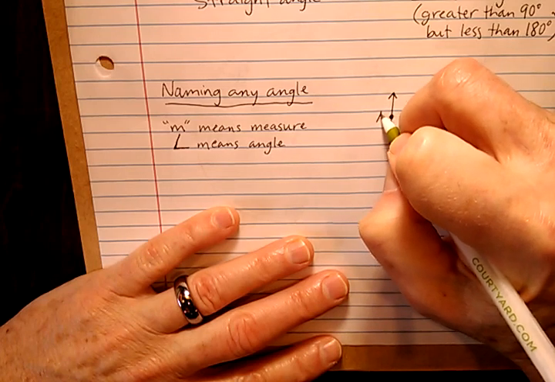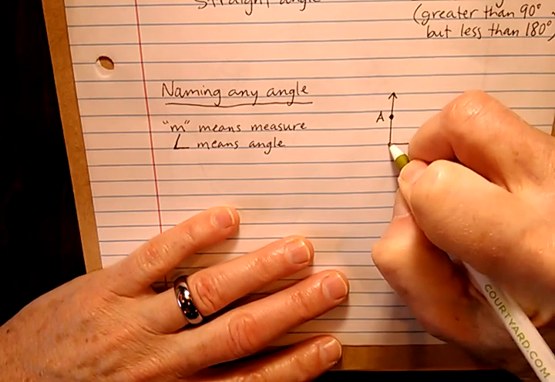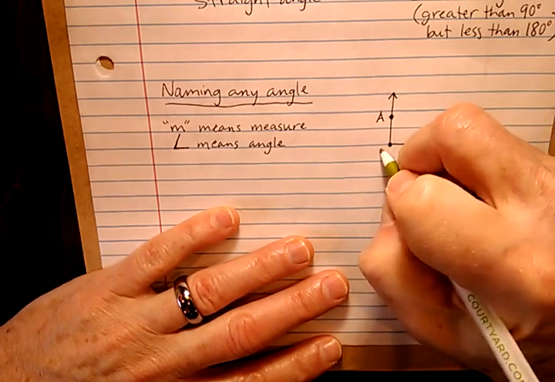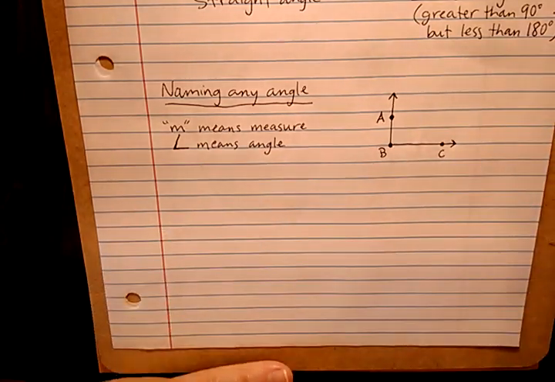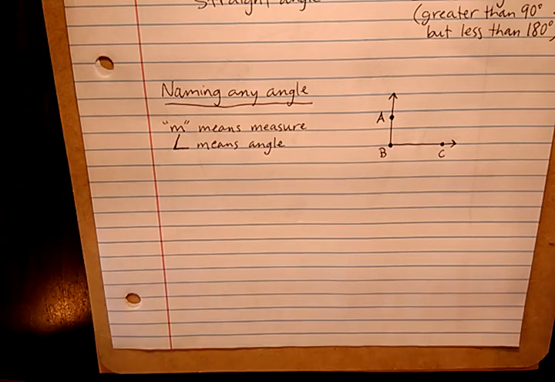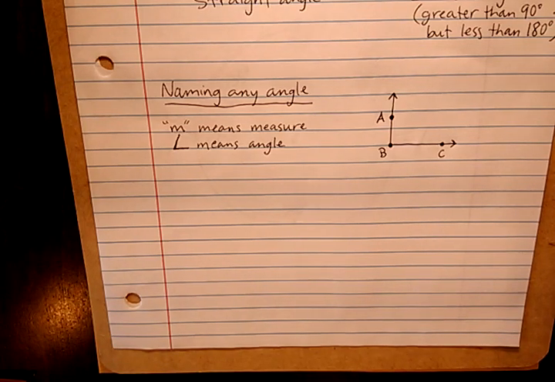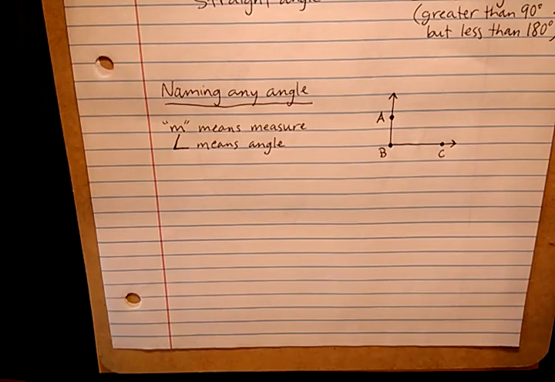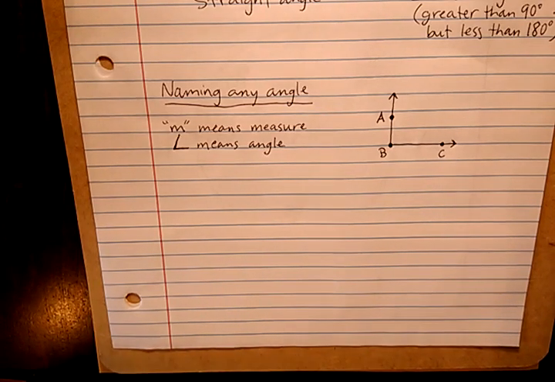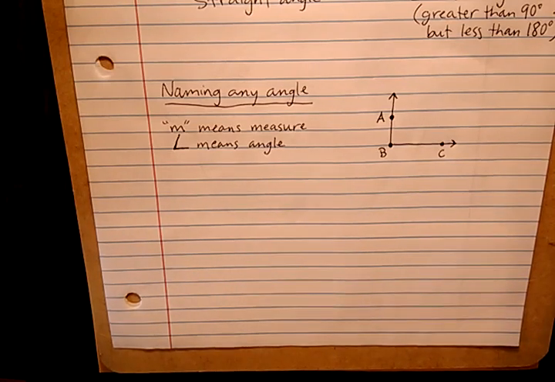So this will be point A, and then here in the corner, the end point will be B, and then a point out here is C. So actually I didn't really draw it like a 90-degree angle, but it doesn't matter because we're going to name it according to those points.